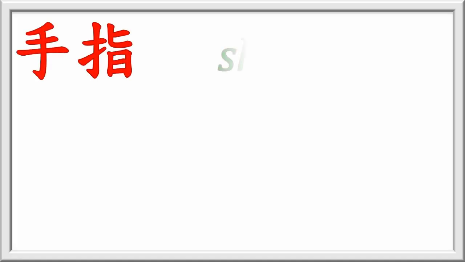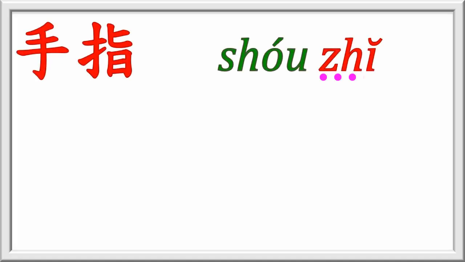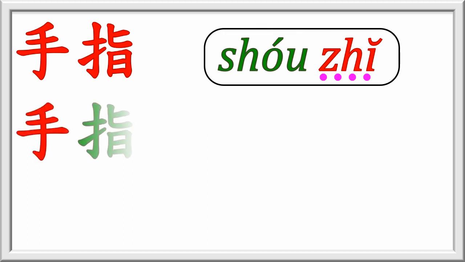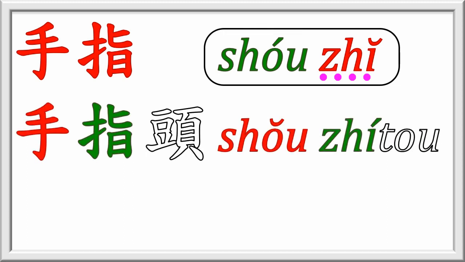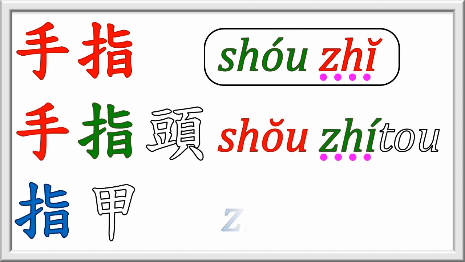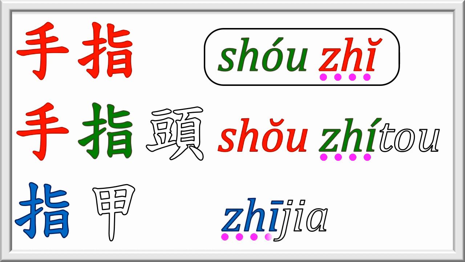Anyway, you will often hear 3 different tones for 指. For example, finger, officially 手指, pronounced 手指头, and fingernail, officially 指甲, pronounced first tone 指甲, with 甲 unstressed. No big deal really, but check your dictionaries and see for yourselves.